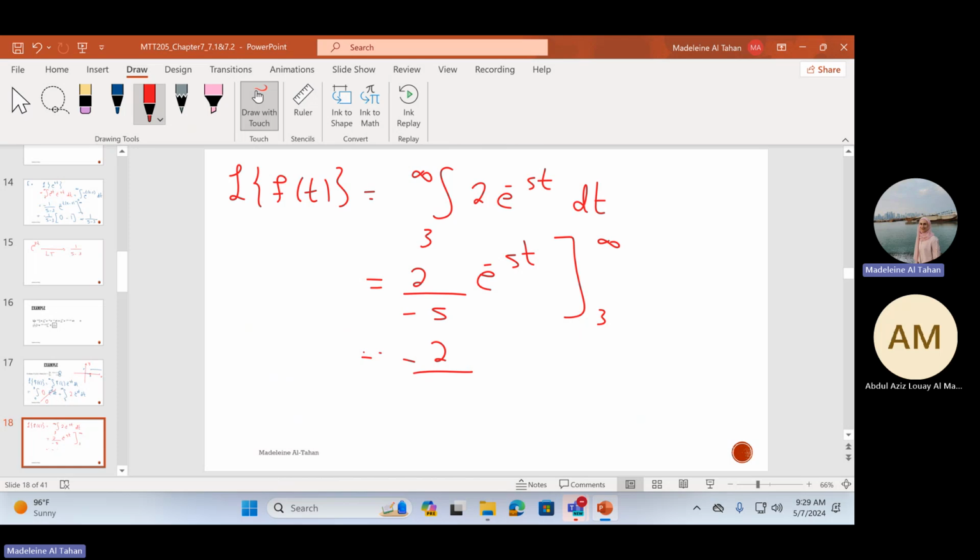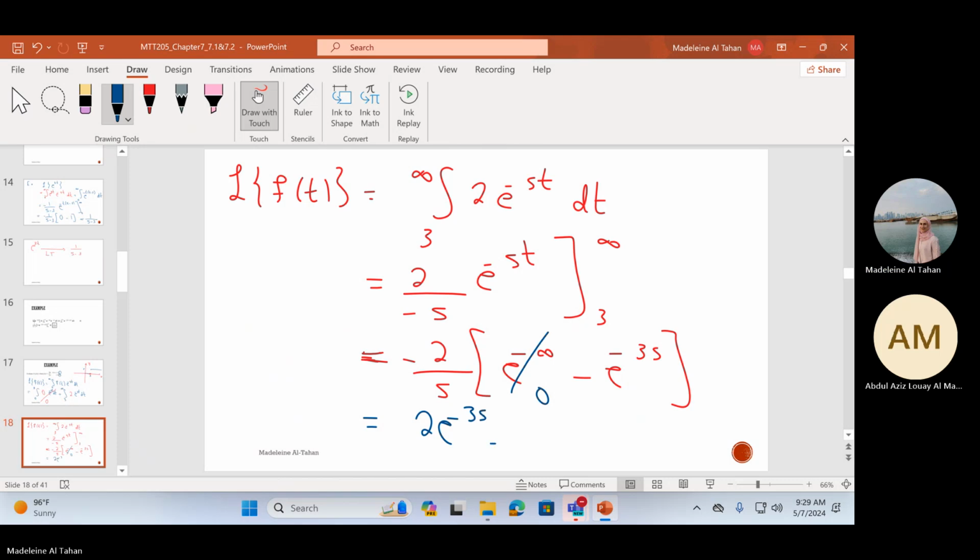So we will get negative 2 over s e power negative s t at infinity, then at 3. Again, I'm not evaluating at infinity, this is a limit. This one is what? 0. So what will be the answer? 2 e minus 3s over s. Do we have questions now?